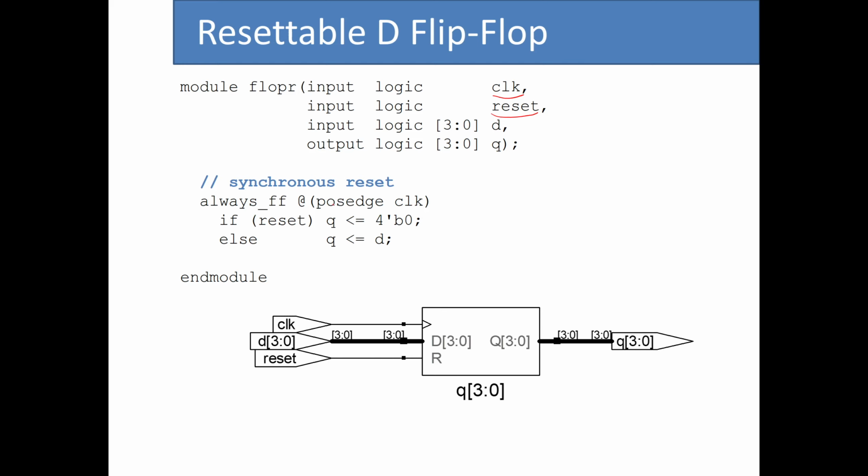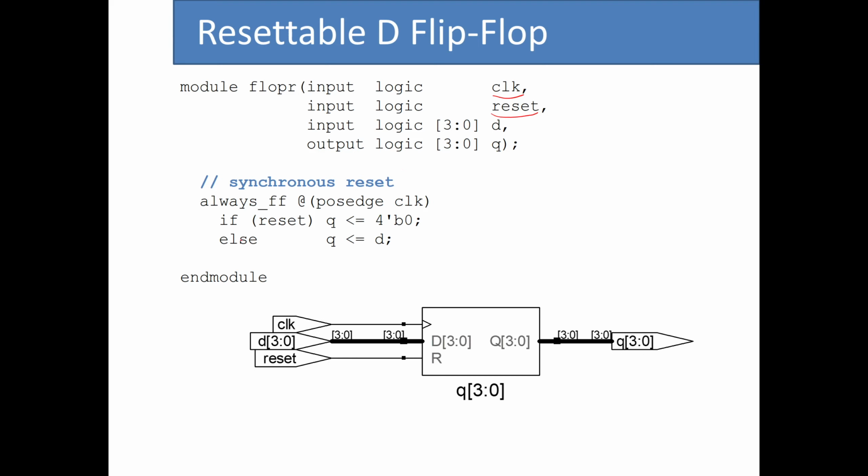Anytime the positive edge of the clock happens, we need to check whether the value of the reset signal is 1 or 0. If the reset signal is 1, that means we want to reset the flip-flop, which means the output needs to become 0. On the other hand, if the reset signal is 0, that is when Q gets the value of D.